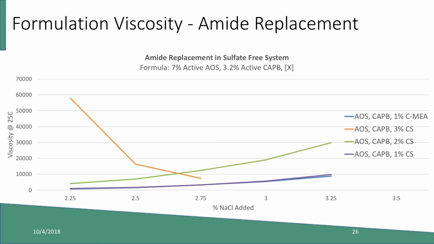There's a lot of difficulty sometimes with thickening sulfate-free systems, and in this case, you can really have no problem with that. We even brought it down to 2%, and we were still far outstripping that reference curve. And down at the bottom, you can see it's almost completely overlapping, and it's a 1-to-1 replacement immediately.